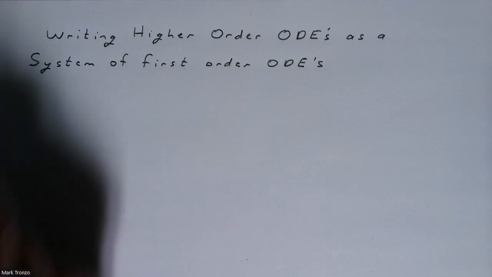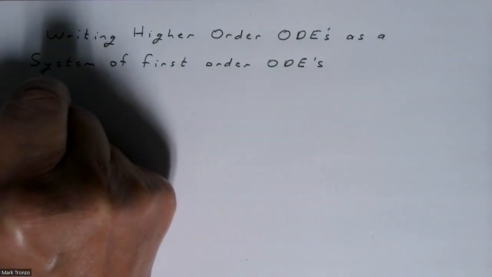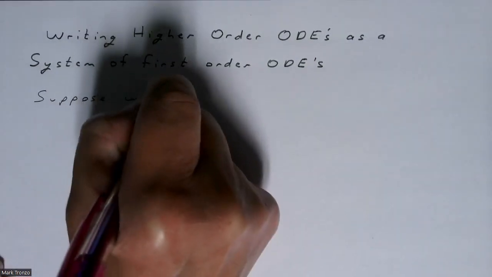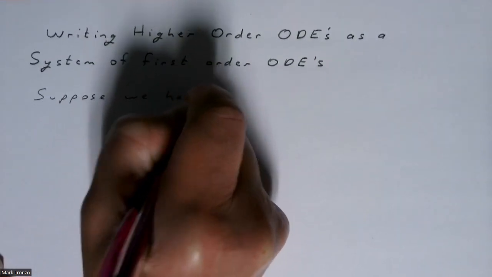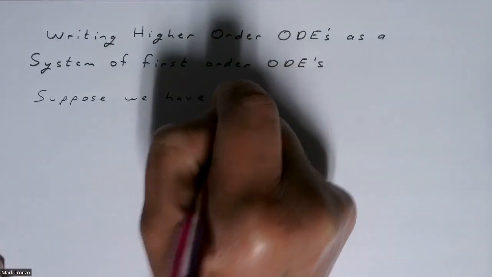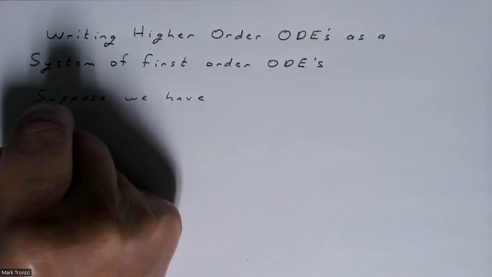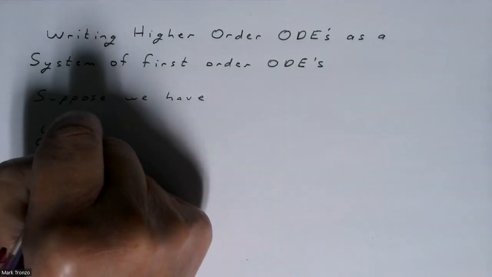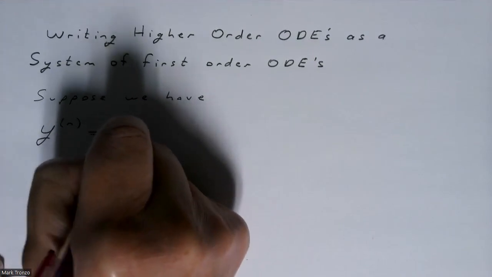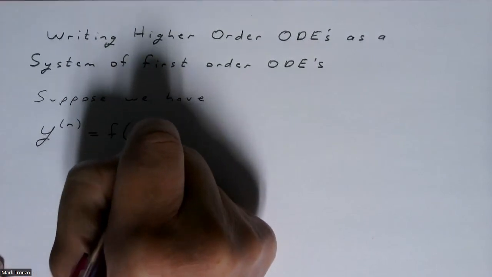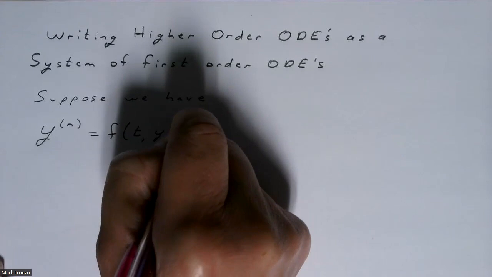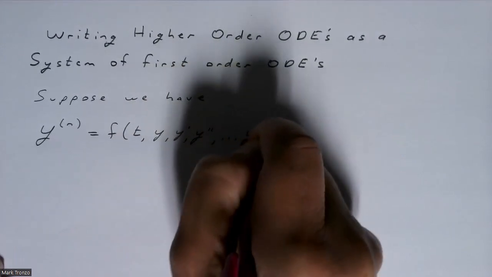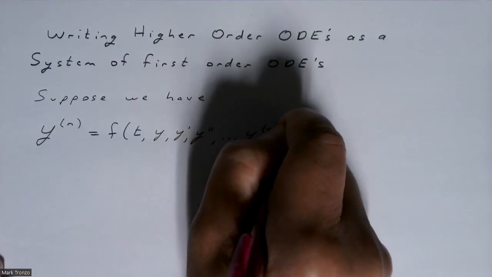So, for example, suppose we have some ODE, let's say we have some nth derivative y to the n is some function of, say, t, y, y prime, y double prime, all the way up to n minus 1.